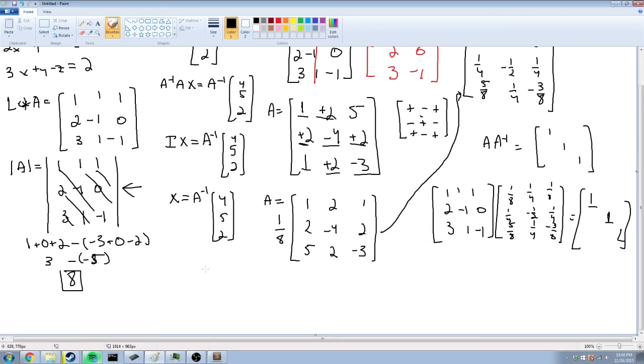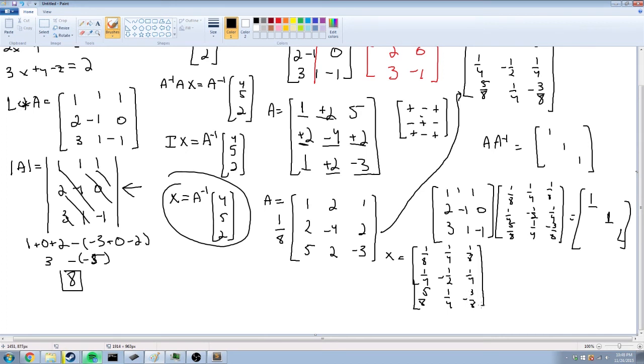So then x, we'd refer back to this equation right here. So x equals inverse of A times matrix 4, 5, 2.